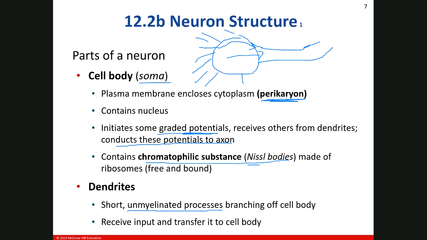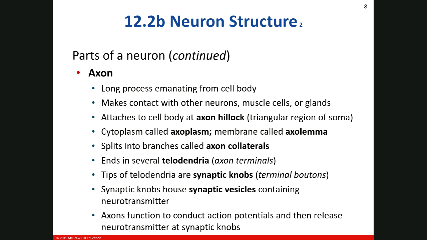Their main job is to receive input information from another neuron or a stimulus of some sort, and then they're going to transmit that information to the cell body, and then eventually hope to get it to the axon hillock, or the axon. Trust me, we'll get into all the actual physiology later on.